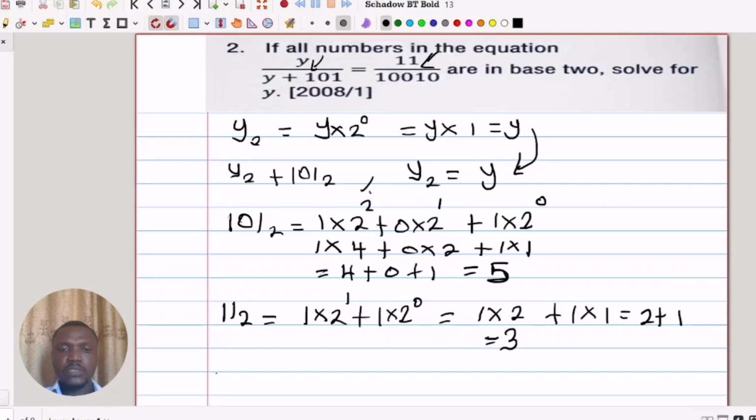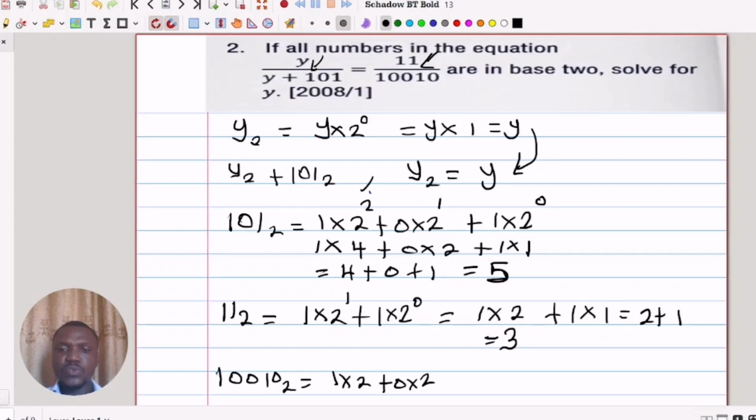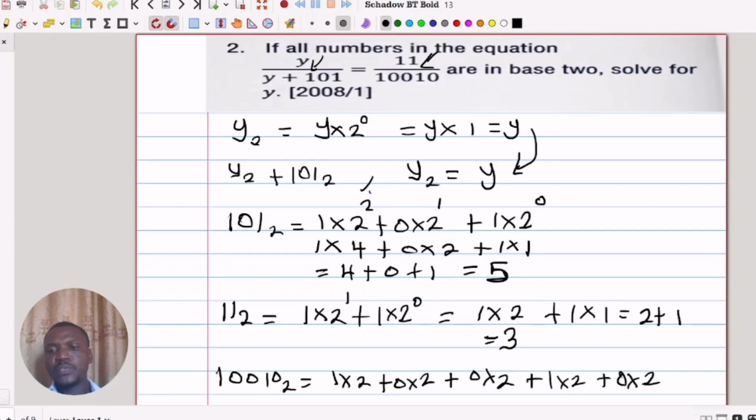So we go to the other one, which is 10010 base 2. You see the same process: just multiply each digit by the base 2. That will be 1 times 2 plus 0 times 2 plus 0 times 2 plus 1 times 2 plus 0 times 2. Then raise each base to a power, starting with 0: 0, 1, 2, 3, 4.